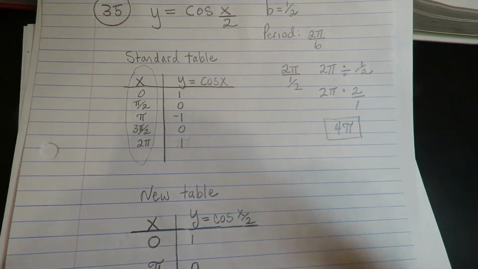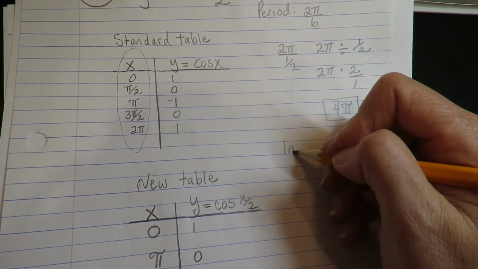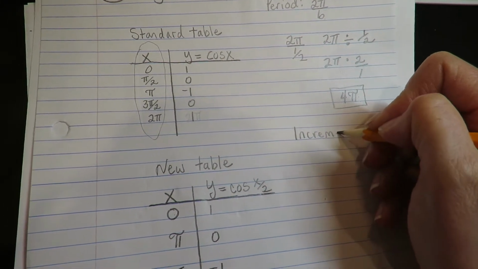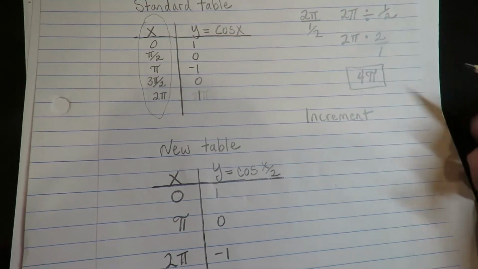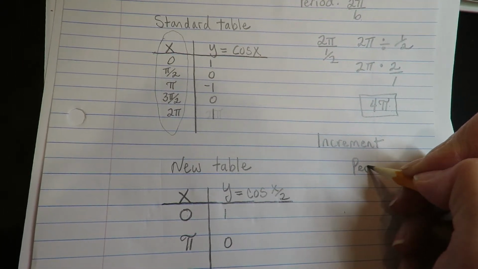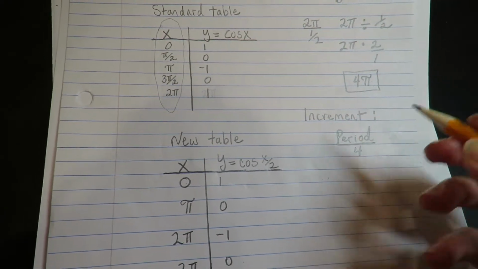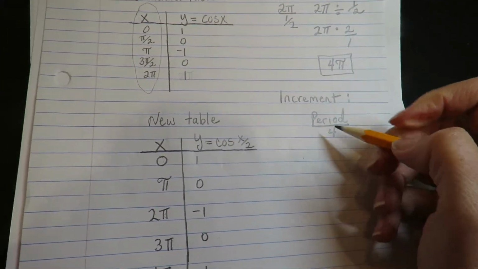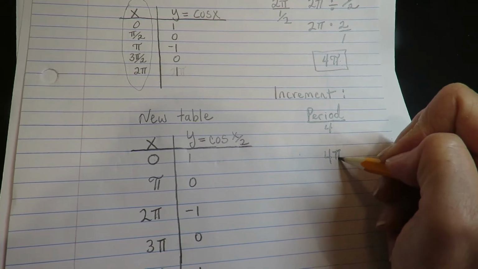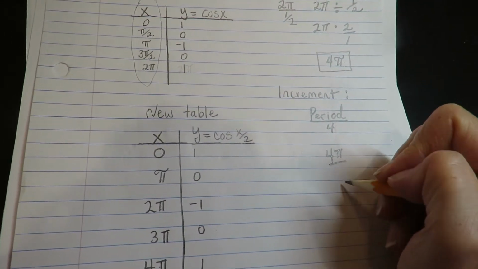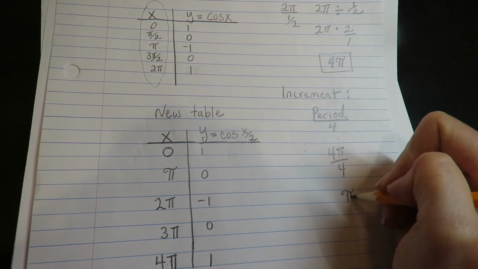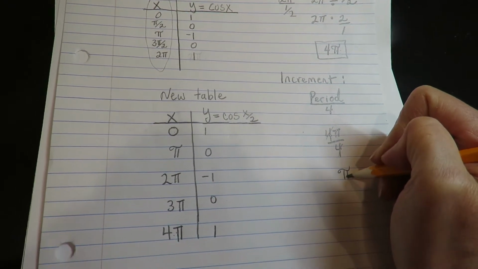Since those weren't difficult to calculate, I just showed you a quick way to do it. The longer way is to calculate the increment. If the numbers are difficult, you definitely want to calculate the increment. The formula for that would be the period over 4. The period in this case is 4 pi. I would divide that by 4, so the jumps are by pi.